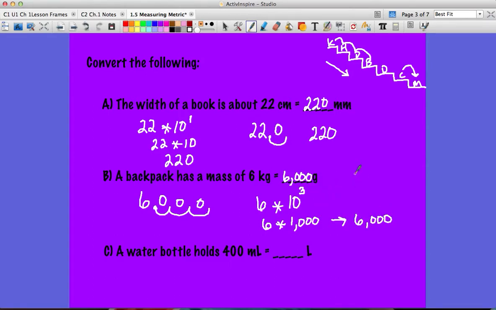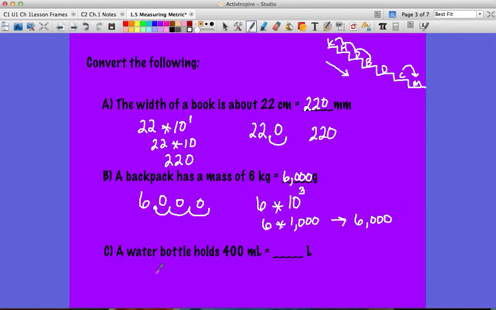That's what we have to remember that we're doing, and it's always going to be that way. If I'm going from kilogram to gram, it's always times 1,000. If I'm going from gram to kilogram, it's always divided by 1,000. Again, if you're working well with just moving the decimal, that's absolutely fine, but this is actually what's going on.